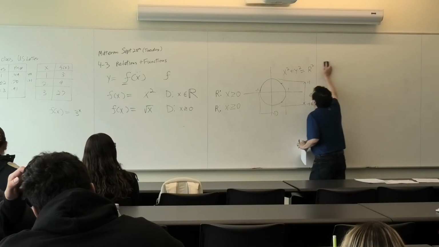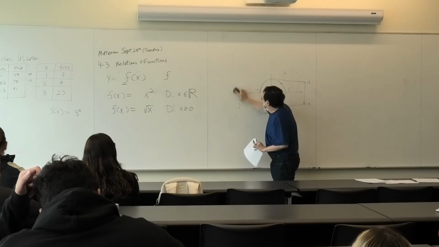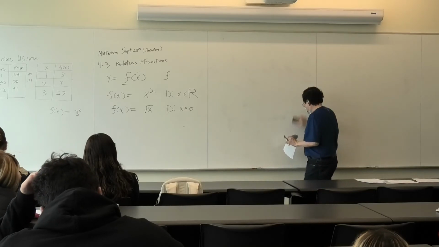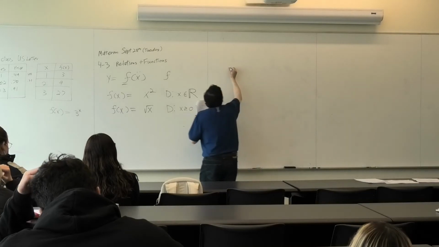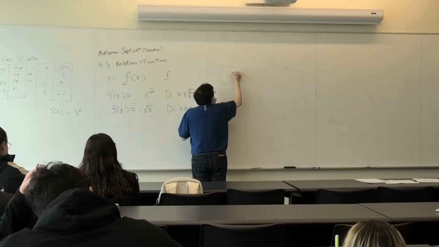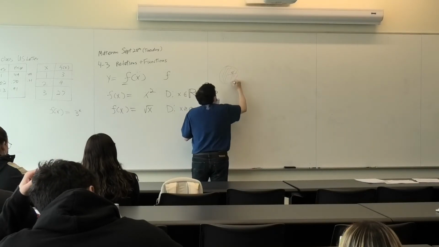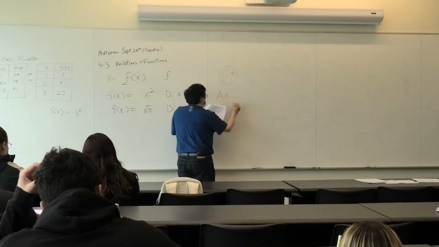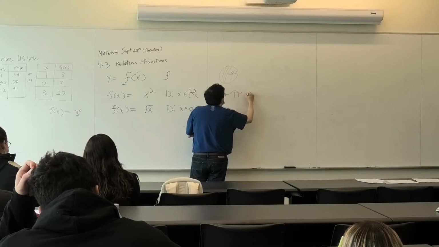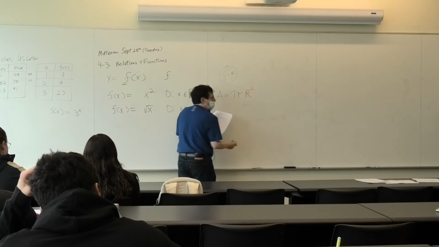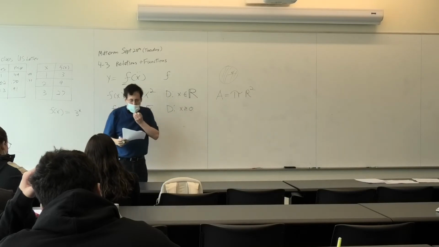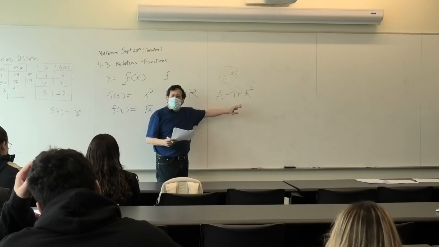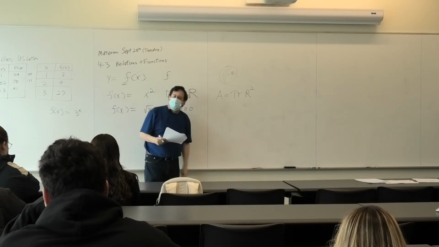Here's another way to describe a function that I think you're going to be familiar with. So here we have a circle again, and we want to know the area of the circle. Pi r squared, you recall that, the area of the circle? This is a function. What's the domain of this function?